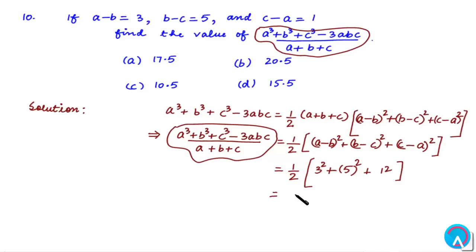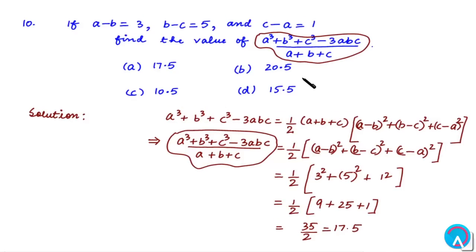So this will become equal to 1 by 2 times, 3 square is 9 plus 5 square is 25 plus 1 square is 1. So this becomes equal to 35 by 2. That is equal to 17.5. So 17.5 is the correct answer here. Let's look at the options, and yes, option A indeed is the correct answer.